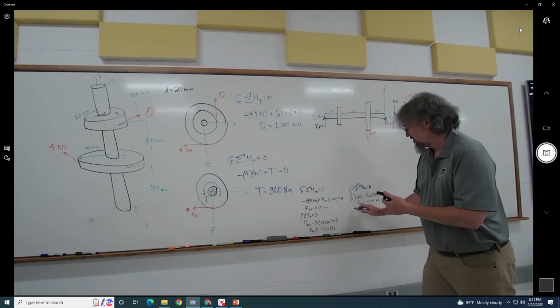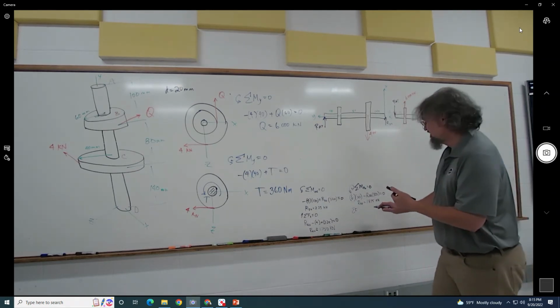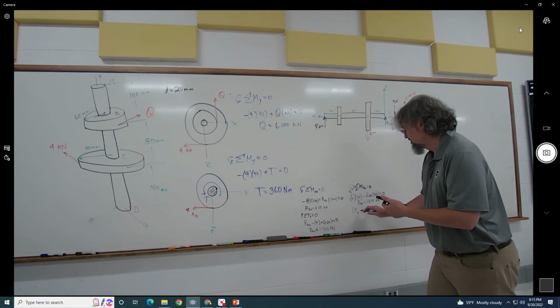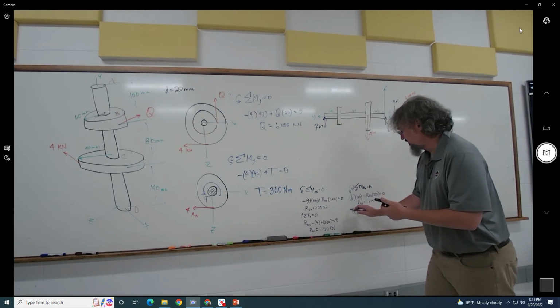And then the sum of the forces in the Z direction, writing at a weird angle.